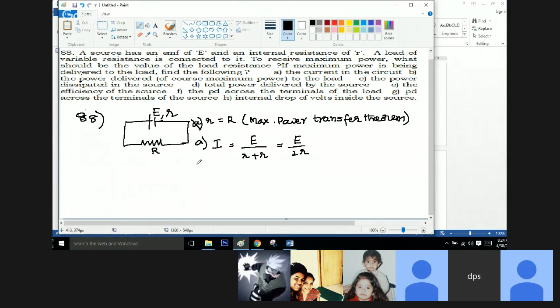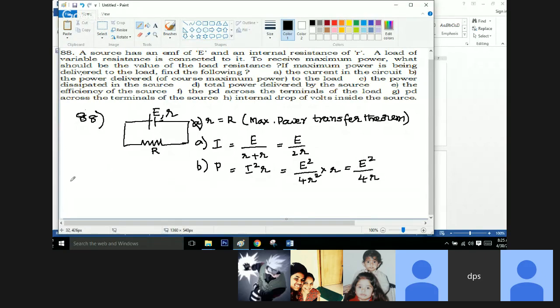Then B bit. What is that B? The power delivered. Okay. Power is equal to I square into small r. That is nothing but E square by 4r square into r. The answer is equal to E square by 4 small r.